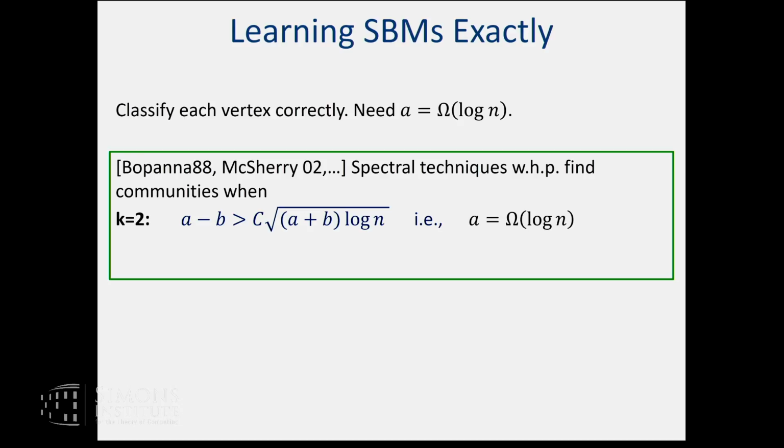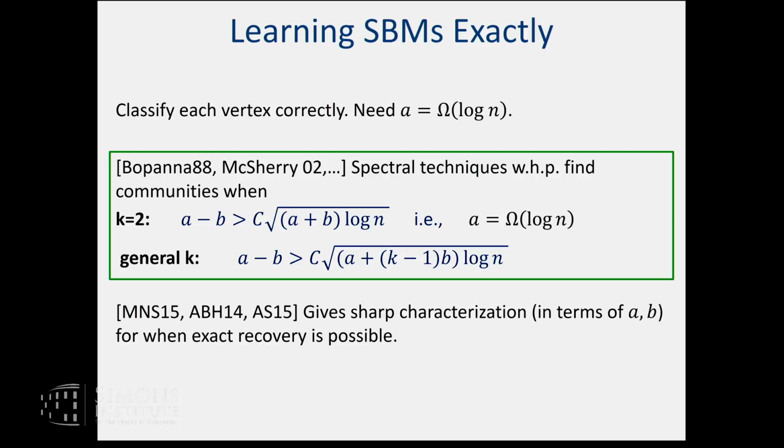Here, the square root of a plus b corresponds to the standard deviation when you look at the difference between the number of edges inside its own community and across, to a different community. And as long as a minus b is square root log n times the standard deviation, then with high probability you can recover all the vertices in the different communities.